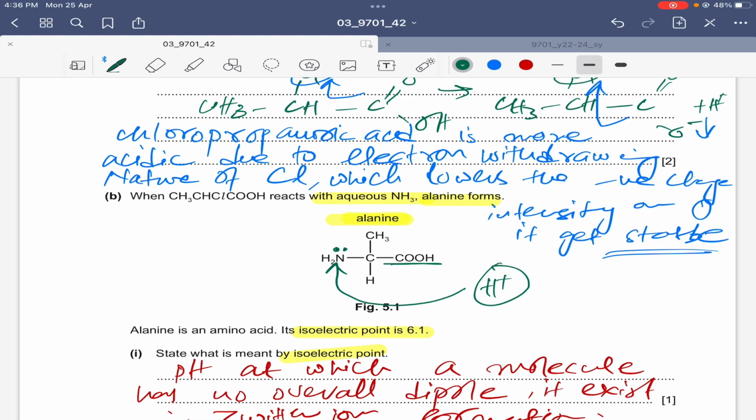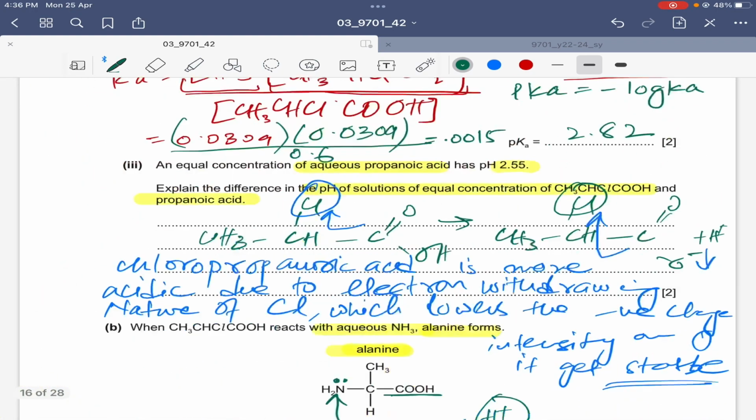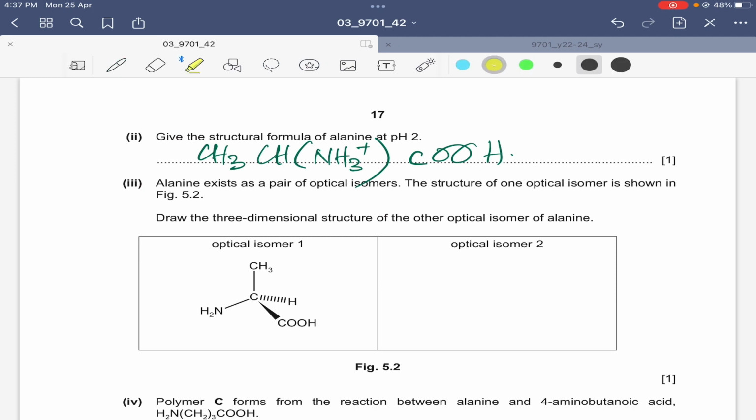So this becomes NH3+, CH3, CH, COOH. So this is the structure of alanine at pH 2. All the amino acids at lower pH exist in positive ion formation, and at higher pH exist in negative ion formation.